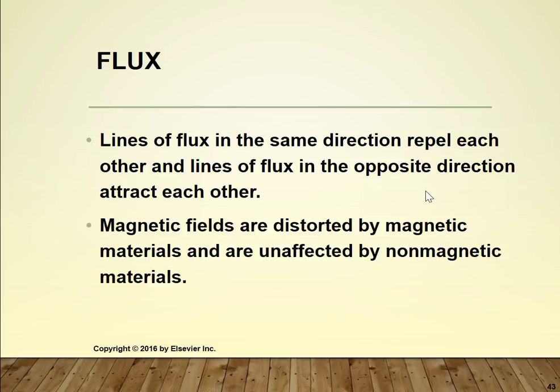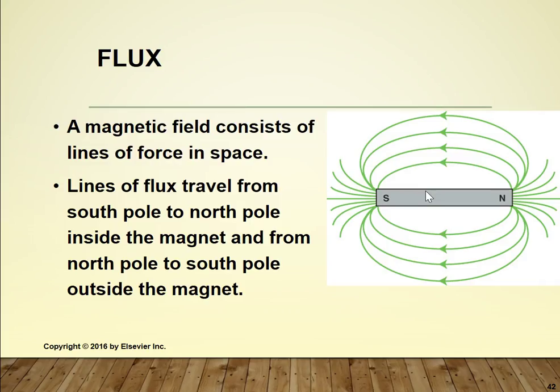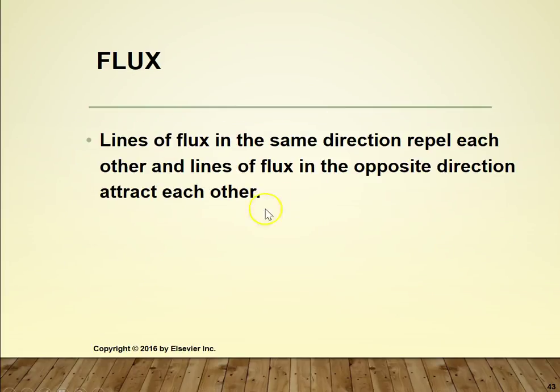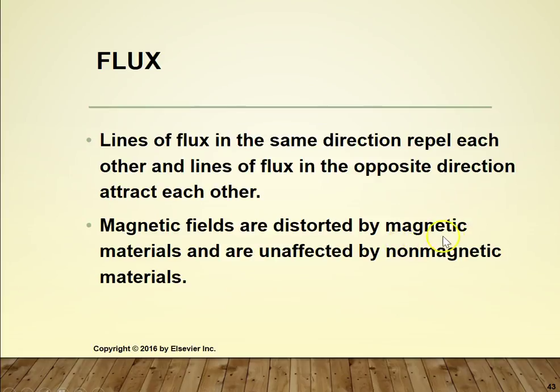And then the third characteristic is that magnetic fields are distorted by magnetic materials but are unaffected by non-magnetic materials. Whew, that's a lot, but you need to know these three basic characteristics. And it started over here of a magnetic field. Okay, so here's one, the way they travel. Here's two, they either repel or attract. And then they're distorted by magnetic materials, unaffected by non-magnetic.